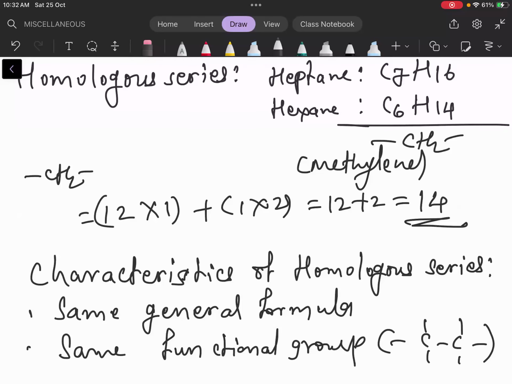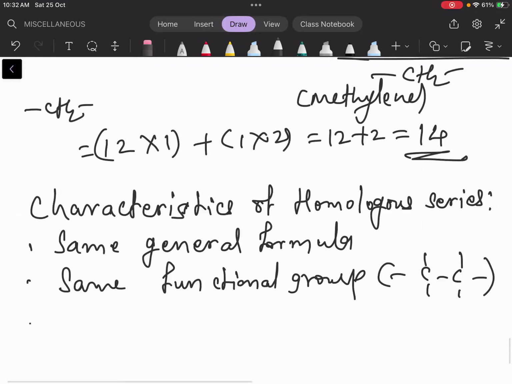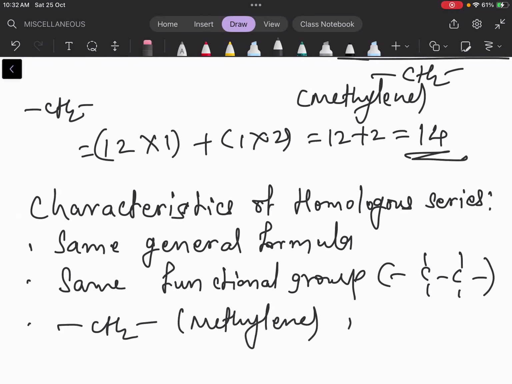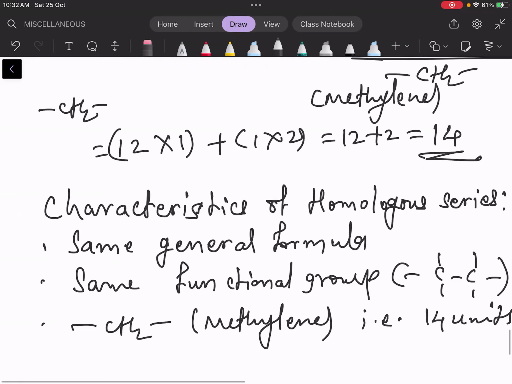Alkanes, okay. Now, two successive members of the series differ from one another by a constant difference of CH2, nothing but methylene. That is by 14 units, right?